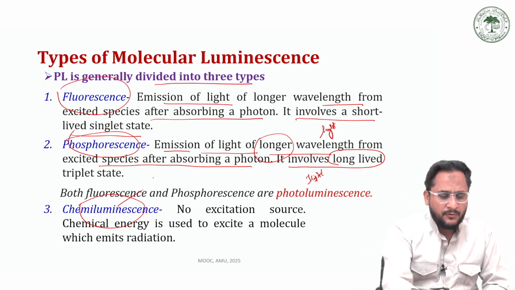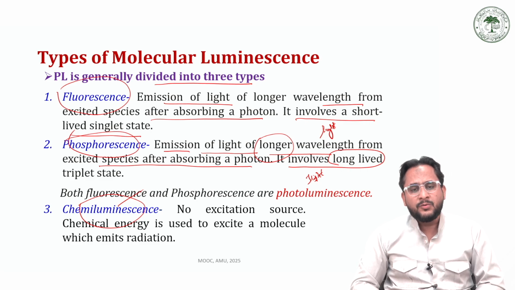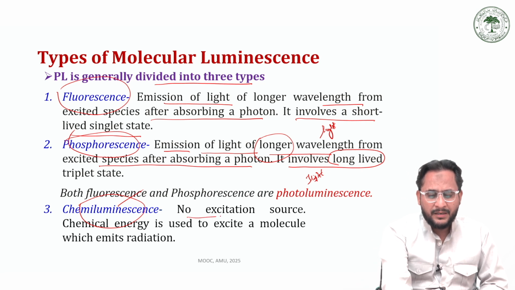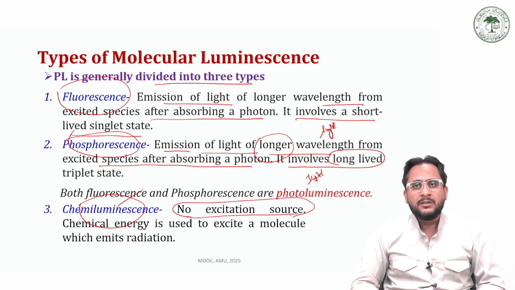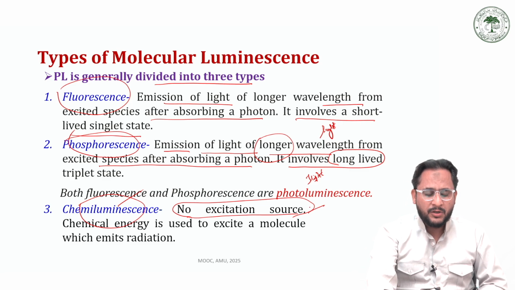Then we have a third phenomenon called chemiluminescence, which refers to the emission of light from a molecule due to a chemical reaction. Here we do not need an excitation source. No light source is needed for exciting the molecule.